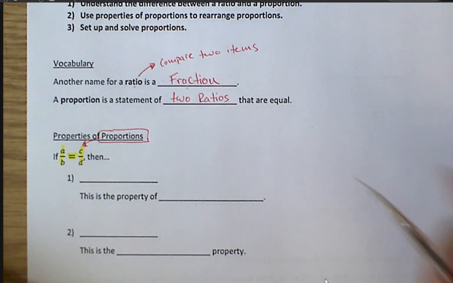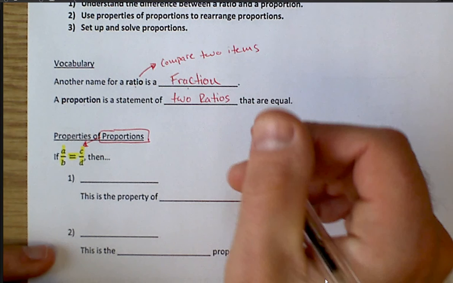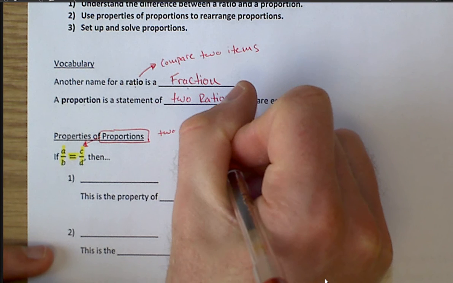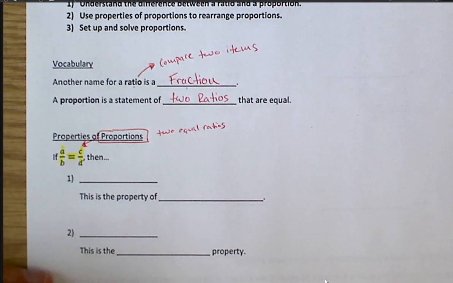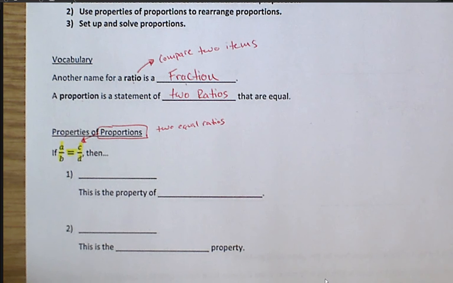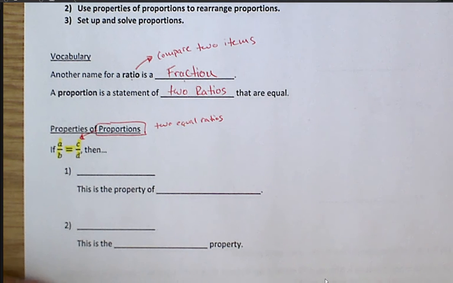A proportion is two equal ratios. Two equal fractions. And I'm going to go through two. There's like 4 of them in terms of properties that we can talk about. We're just going to use 2 of them in this lesson, so we'll jump right into it.